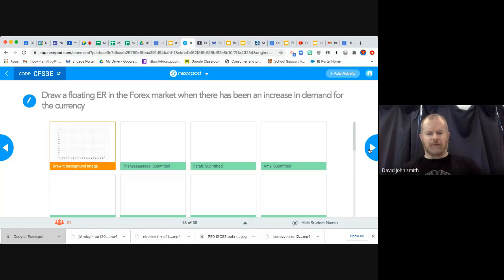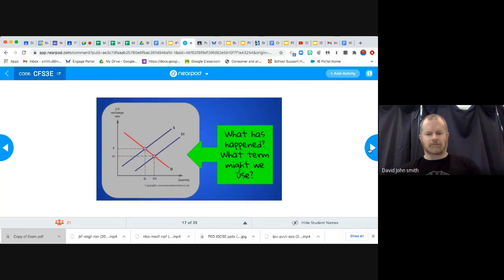And we did this one. What's happened here? If we have a look, in this case there's supply, and supply has increased of this particular currency.